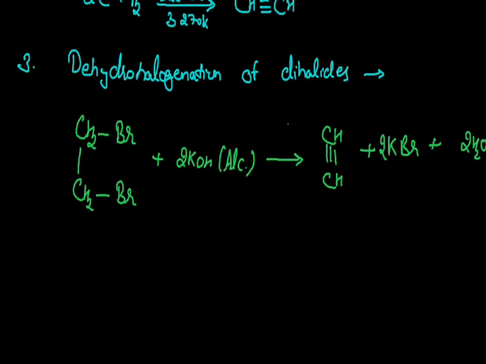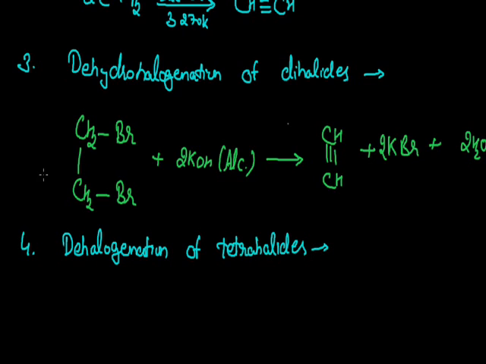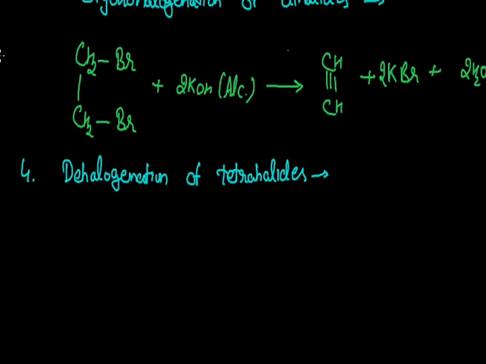Now instead of taking dihalide, we can also make this with tetrahalides, and if we go for the dehalogenation of tetrahalides, this acetylene can also be formed. Dehalogenation of tetrahalides, like, in the starting, if I take 1,1,2,2-tetrabromoethane, the formula will be CHBr2 connected with another carbon atom with hydrogen and 2 bromines.